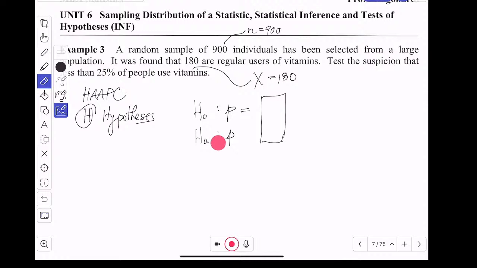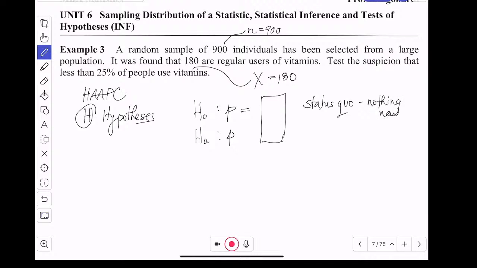Now the alternative, well, let's say the null, we'll begin there, is the status quo. What people believe to be true. Like nothing new, nothing special, it's just the status quo.